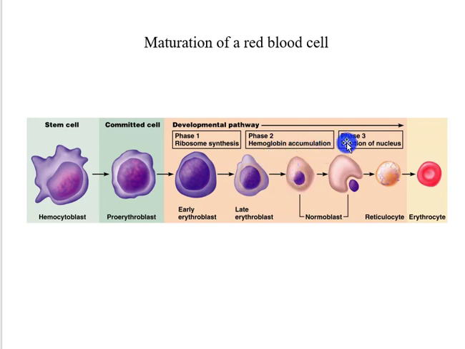And then when I'm about ready, I spit out my nucleus. As I said to you before, you don't have a nucleus in red blood cells. I spit it out because I don't need it anymore. I'm now full of glycolytic enzymes and all the proteins that I need to do whatever I need to do, and obviously a whole bunch of hemoglobin. Then I get pushed out and I finally mature into my erythrocyte.